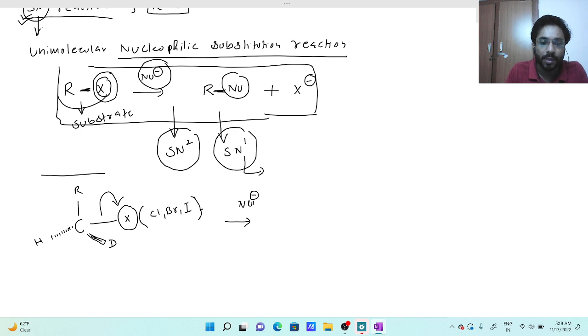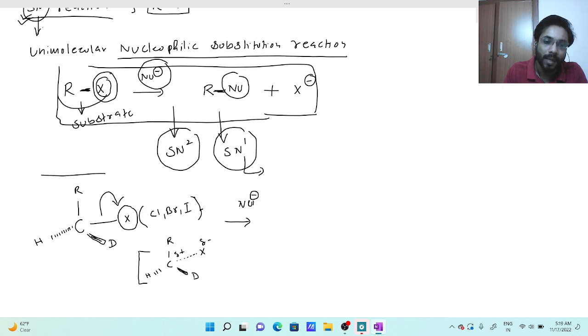In the first step the leaving group is leaving. Fine. So let us understand how it is leaving. So let's say this is the alkyl halide, fine, and this is the bond above the plane. What I'm trying to say, this bond is cleaving. Fine. So this is the X, del negative, del positive. Well, we can understand this.